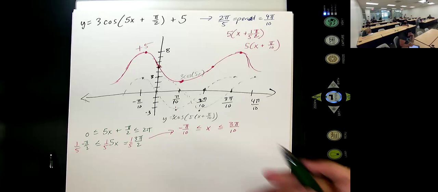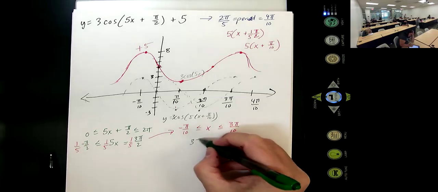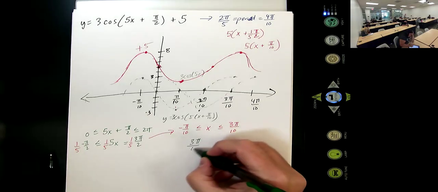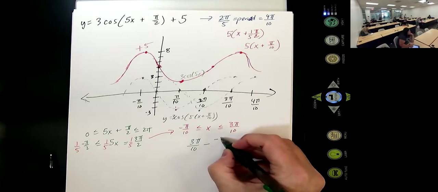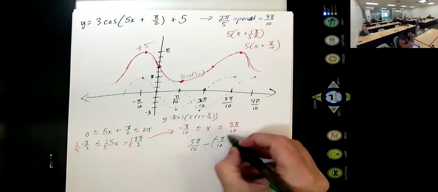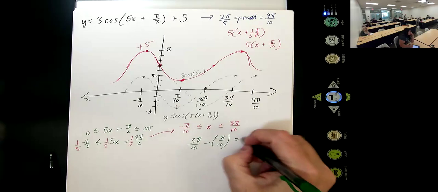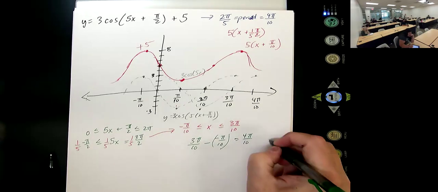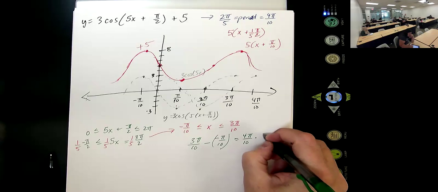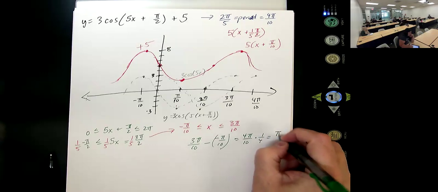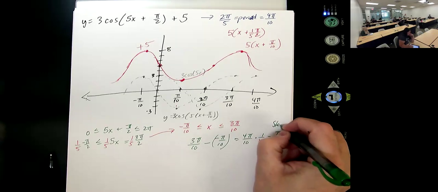And to find the spacing, you gotta do subtraction. If you don't spot it right away, subtract the lower one from the upper one. So 3 pi over 10 minus pi over 10 is 4 pi over 10. And if I break this up into 4 parts, it means every step is pi over 10.